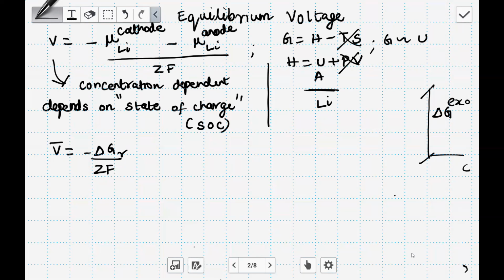This delta G is equal to minus nFE, right? It's just like an electrostatic equation, except that G and E are thermodynamic variables. They are not mechanical variables, as in the case of electrostatics. We mentioned this in an earlier lecture also. All right, so for example, let's just write it in the form of the most common cathodes, which are transition metal oxides.